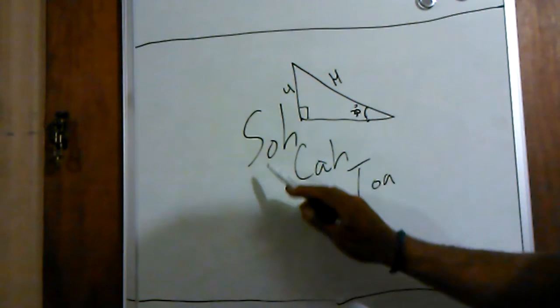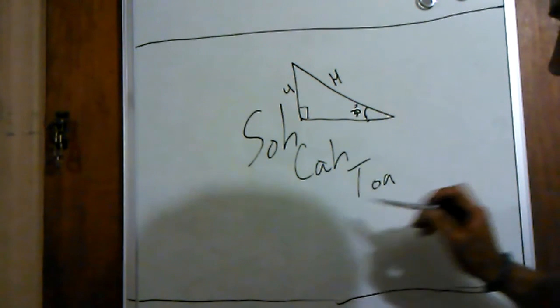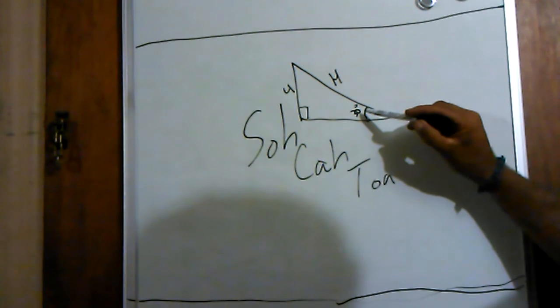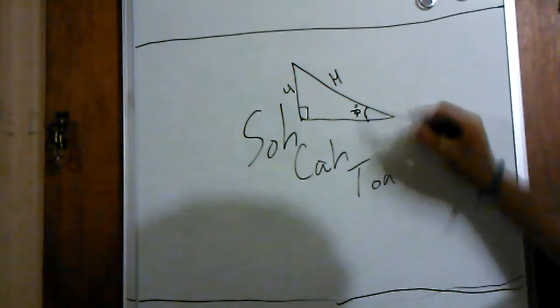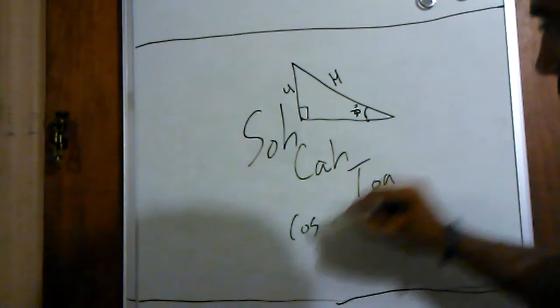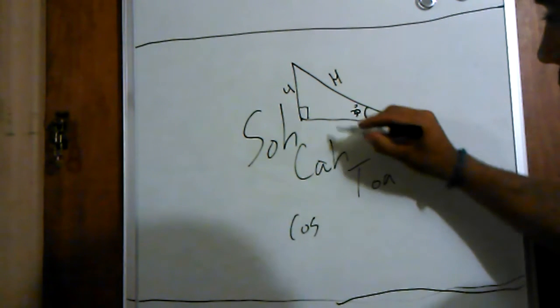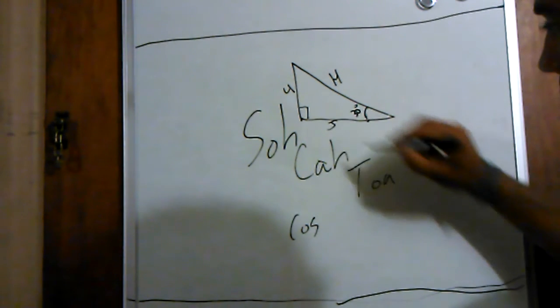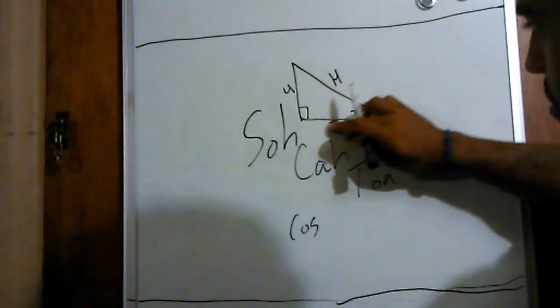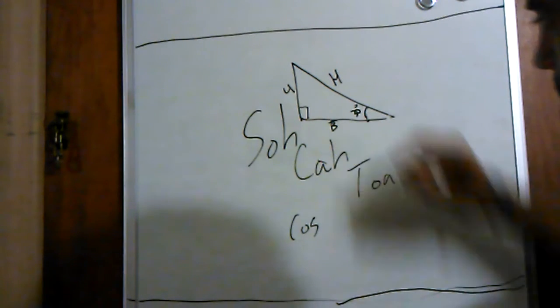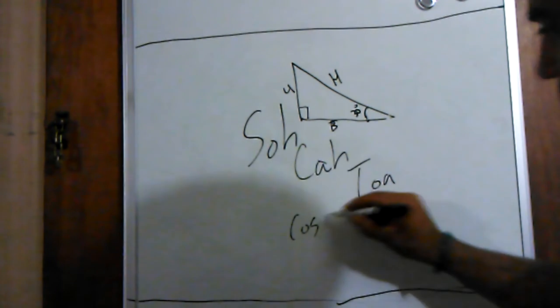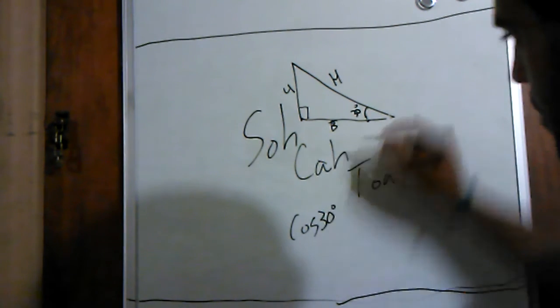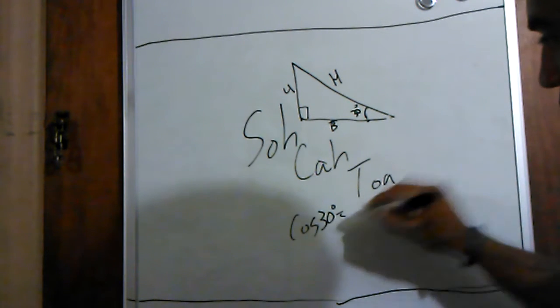So you can see SohCahToa, the cosine of this angle. Let's say the length of this side we'll call B. So the cosine of 30 degrees, or the angle theta, we'll just use 30 to make it simple.